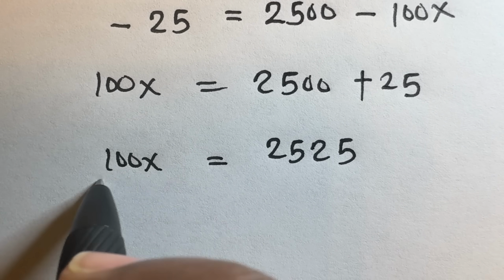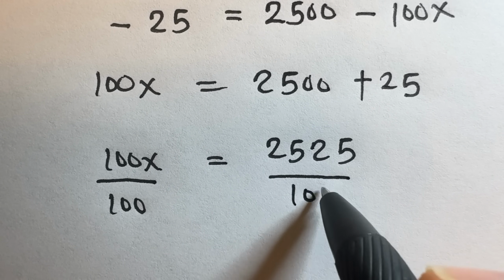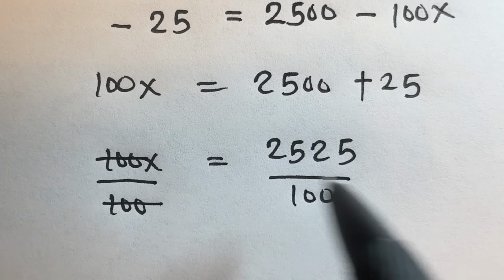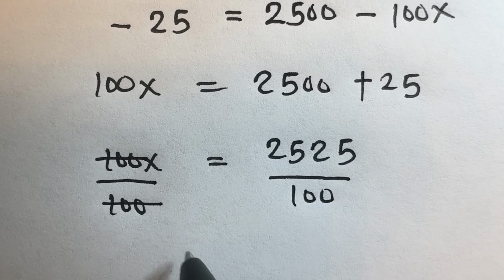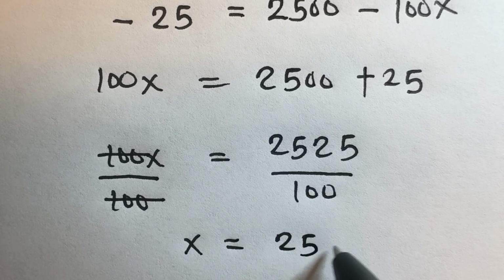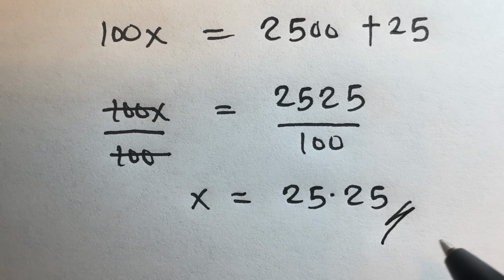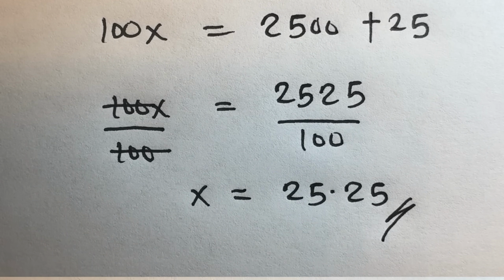And if we go ahead and divide both sides by 100, this here will take care of this, and this will give us x is equal to 25.25, which will be our final answer for x in this problem.